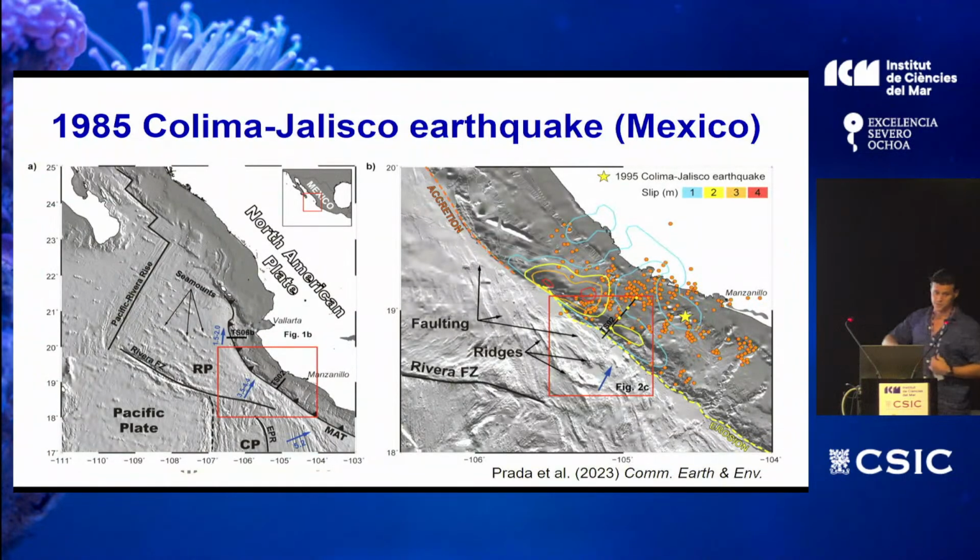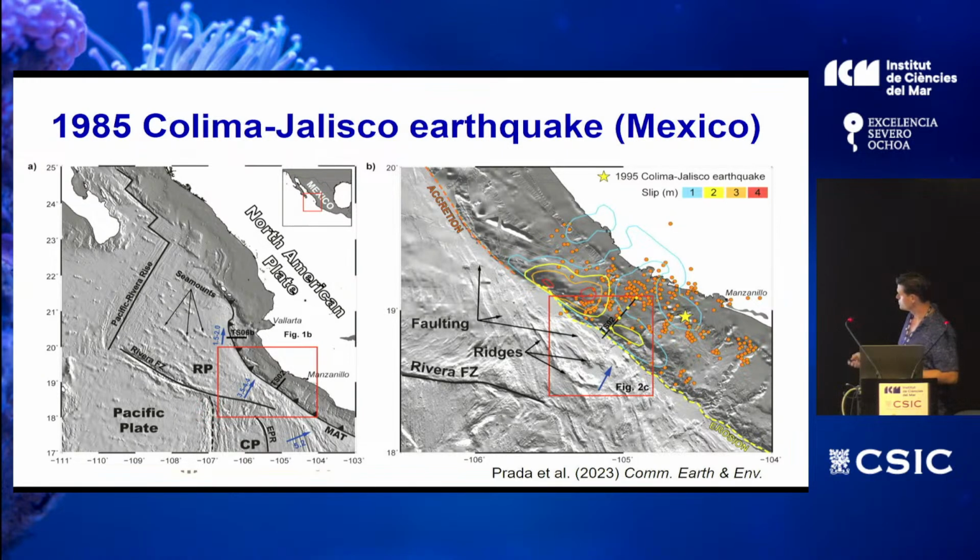Until 2014, when we did a seismic survey, a bathymetric survey, and acquired several geophysical data sets in this region. In particular, I'm going to focus on this line, TS02, which samples the structure of the margin in the area of the 1995 Colima-Jalisco earthquake.